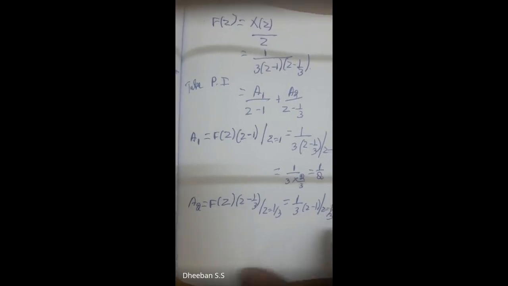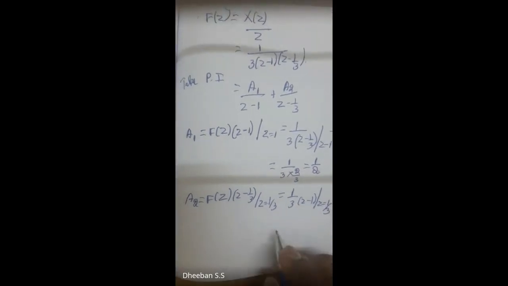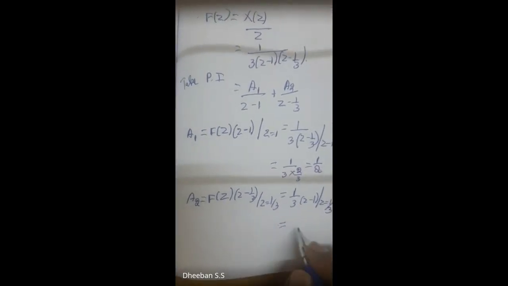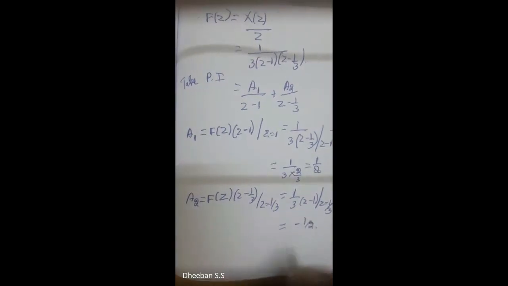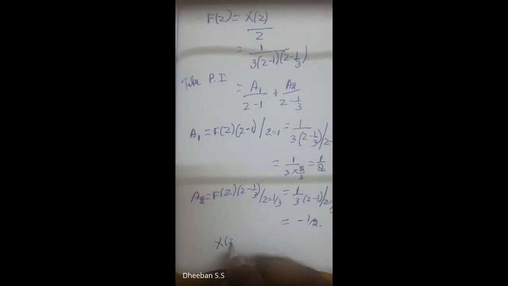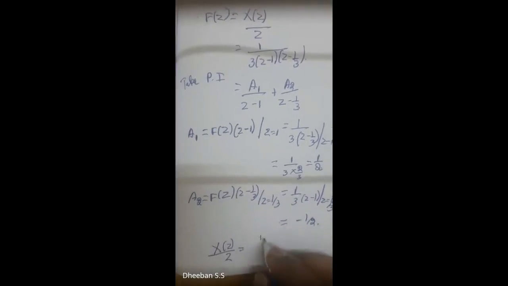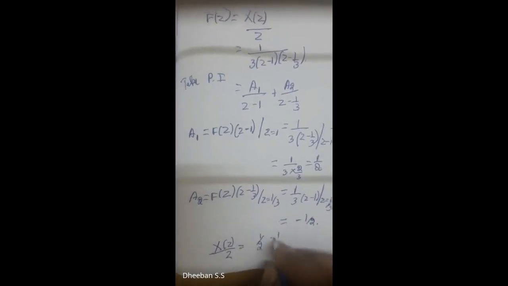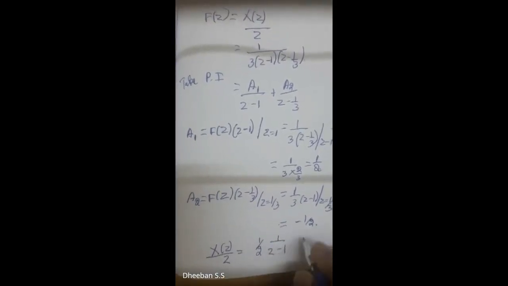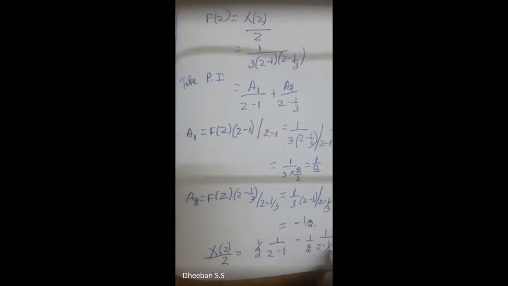You have to cross multiply, and you will be getting minus 1 by 2. So X of z by z equals 1 by 2 into 1 by z minus 1, minus 1 by 2 into 1 by z minus 1 by 3.